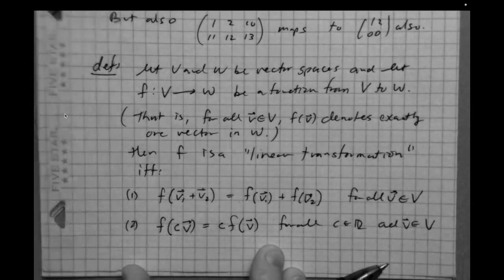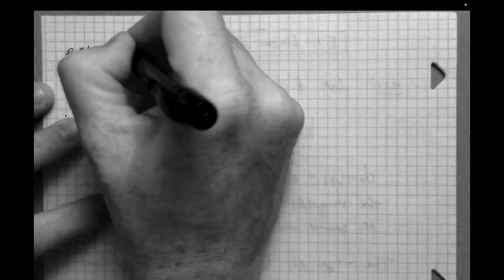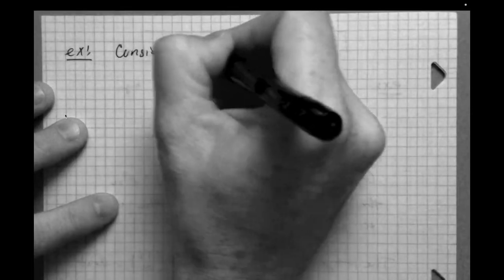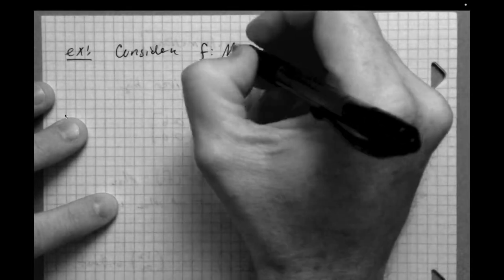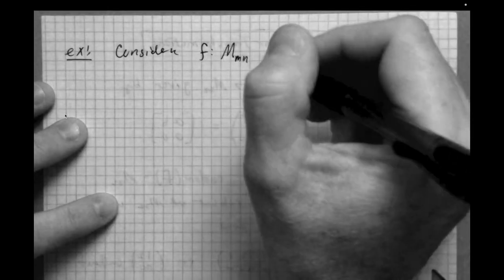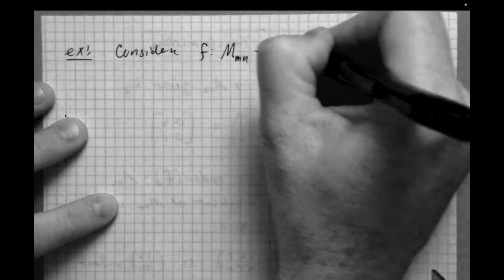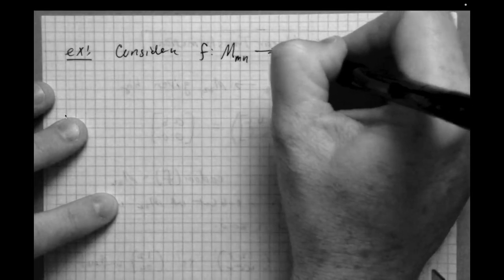Now let's do some examples and make sure we can see how this manifests. Let's start with an example. Consider F as a function from m by n matrices to n by m matrices.